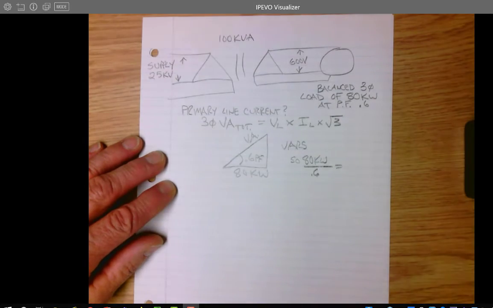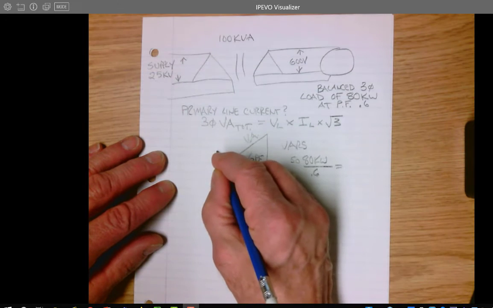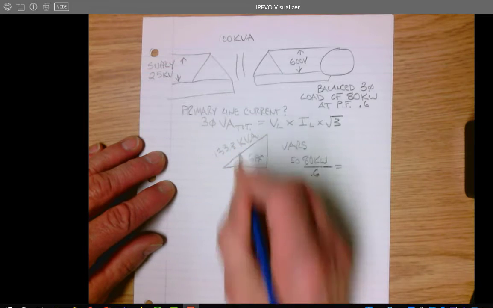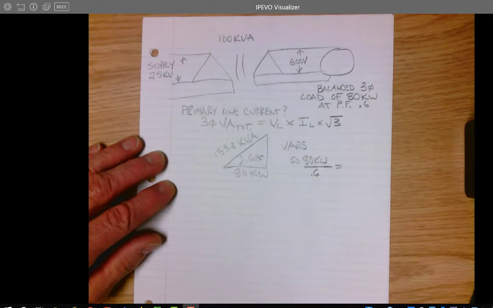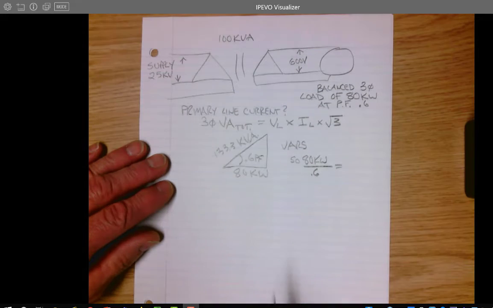And we get 133.33. So 133.3 kVA. So that's the apparent power of the load.